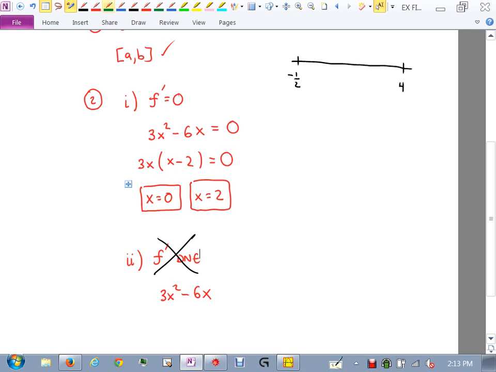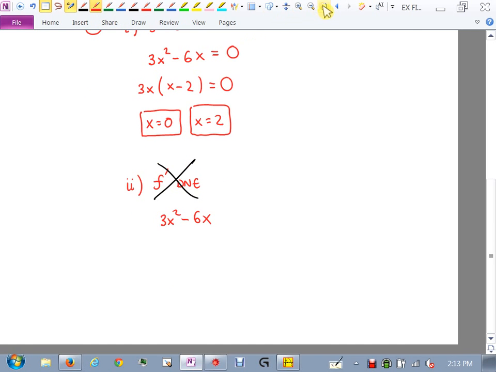So what's the third step of the closed interval method? Plug those numbers and the endpoints into the original function. So let me first make a list of my critical numbers and my endpoints. It doesn't matter what order we go in. Here are my critical numbers. Here are my endpoints, right? I have 4 numbers, the 2 critical numbers and the 2 endpoints.